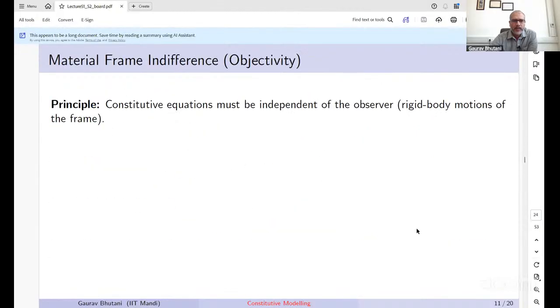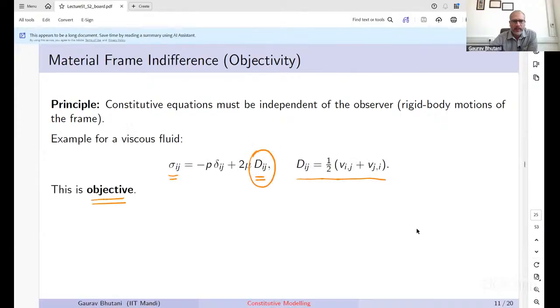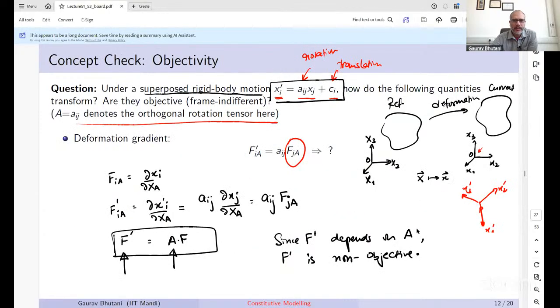So we then started our discussion with objectivity, and this was shown that we need to have a cause which is an objective tensor. In fact, we showed that through an example and as a question, that if you naively use the deformation gradient tensor F as the cause in your constitutive model, you may notice that depending on the rotation of the observer, F prime is dependent on the rotation of the observer.